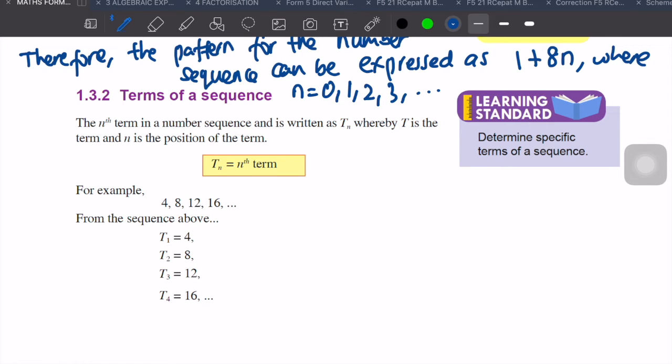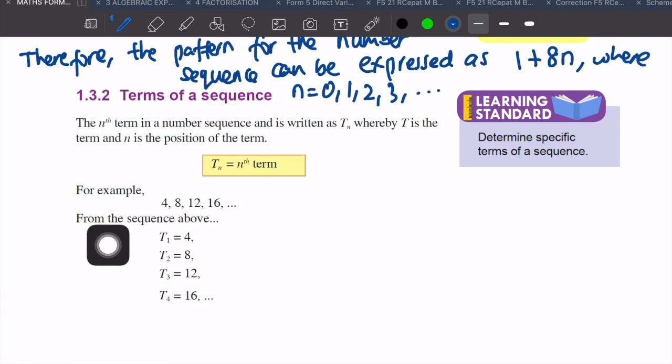Now we can go back to the next subtopic. Look here. The nth term of a number sequence is written as Tn, whereby T is the term and n is the position of the term. So we call this Tn the nth term. For example, you have 4, 8, 12 and 16.